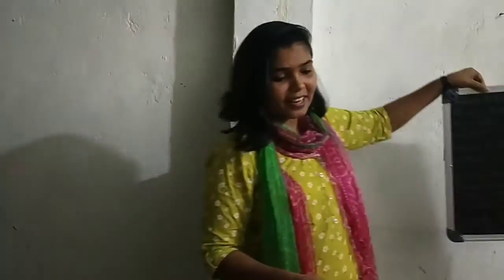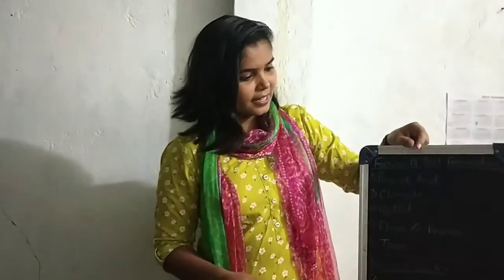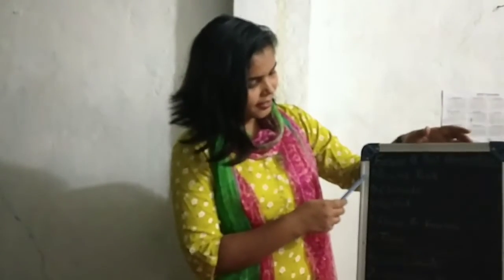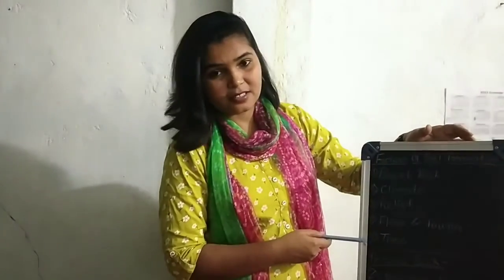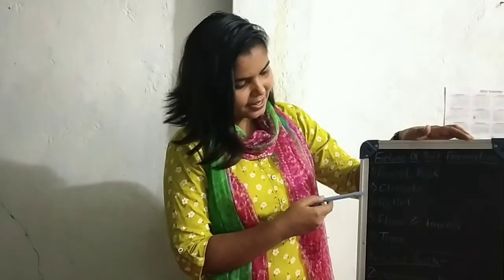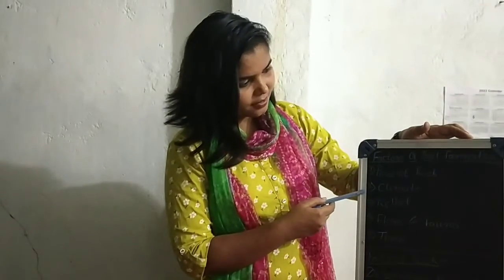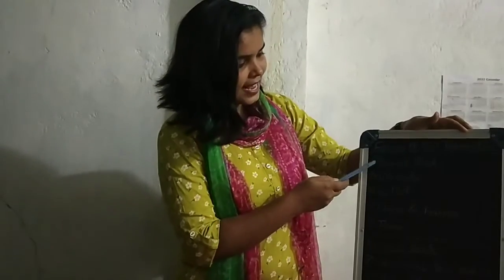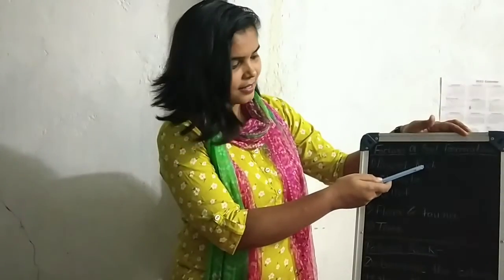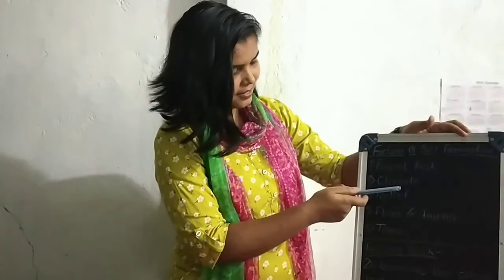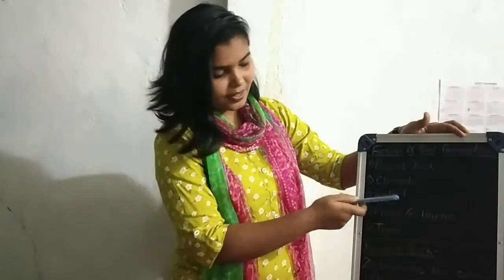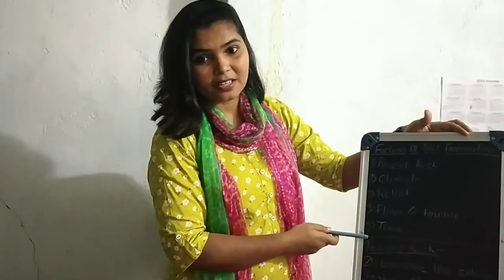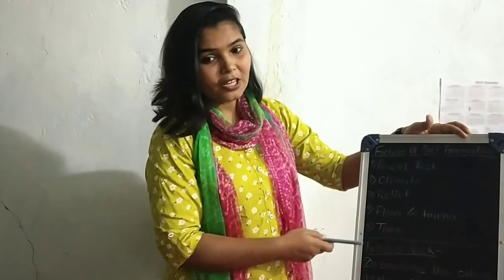As we see on this blackboard, there are mainly 4 factors of soil formation. The first one is parent rock, then climate, then relief, then flora and fauna, and the last one is time.